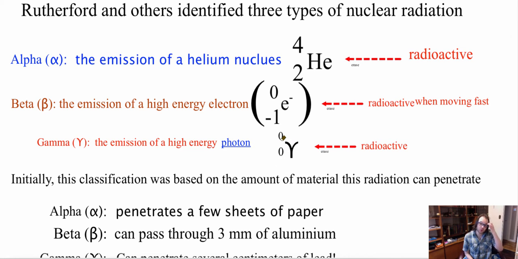Now, one thing to notice here is look at how many nucleons there are. There's 4, so this is the atomic mass, and we're losing 2 protons. Now, let's look at an electron. We have a -1 here. That's kind of interesting because if we're getting an electron, we're actually gaining a proton in the nucleus, because an electron's leaving, causing the nucleus to gain a proton and lose a neutron.